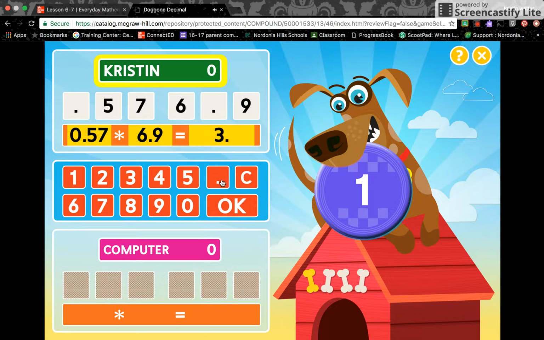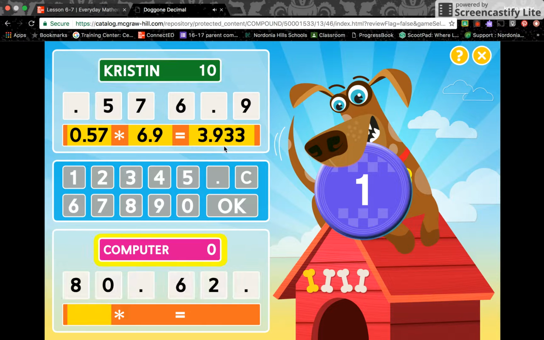So it's 3 and 933 thousandths is my answer. Go ahead and click OK. And if you got it right, you're going to get 10 points. Now, also to keep in mind, you want to get it as close as you can to 1 because you get bonus points for that. Computer obviously got the bonus points, but hey, we got 10 points.